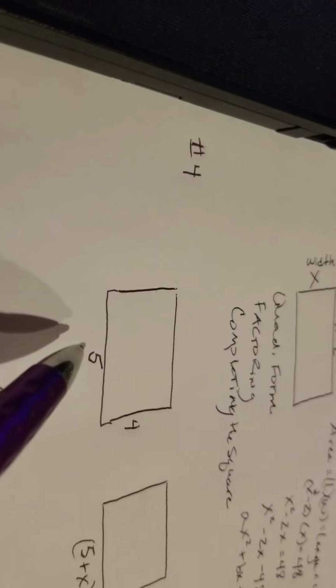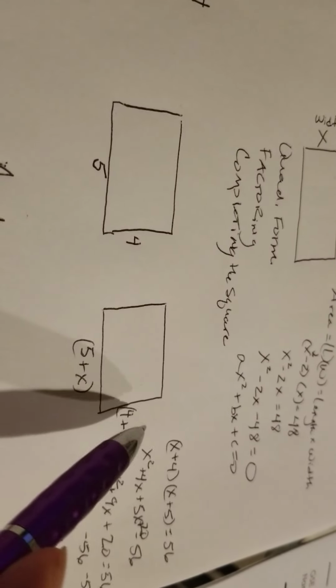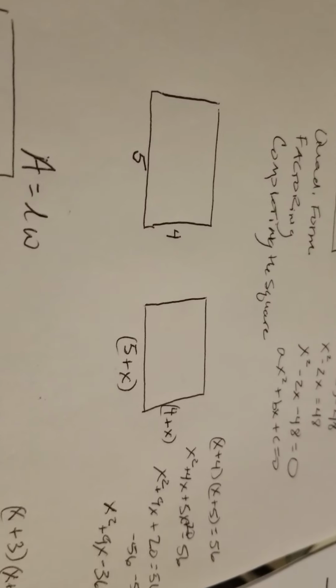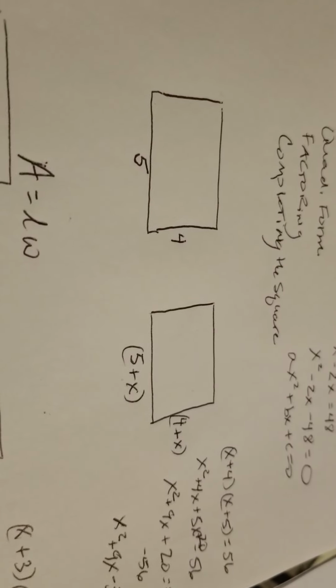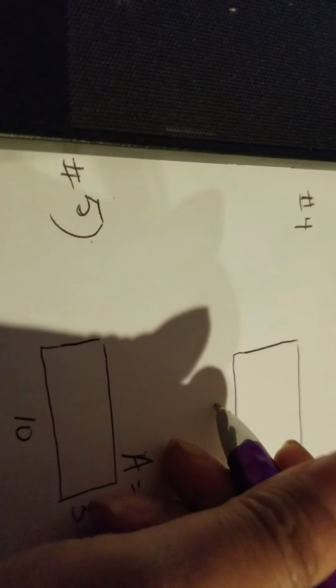So it's a 4 by 5, and then the garden increased by X on each side. It says that each dimension was increased by the same amount. Dimension means the length times the width. So we can call this our length here.